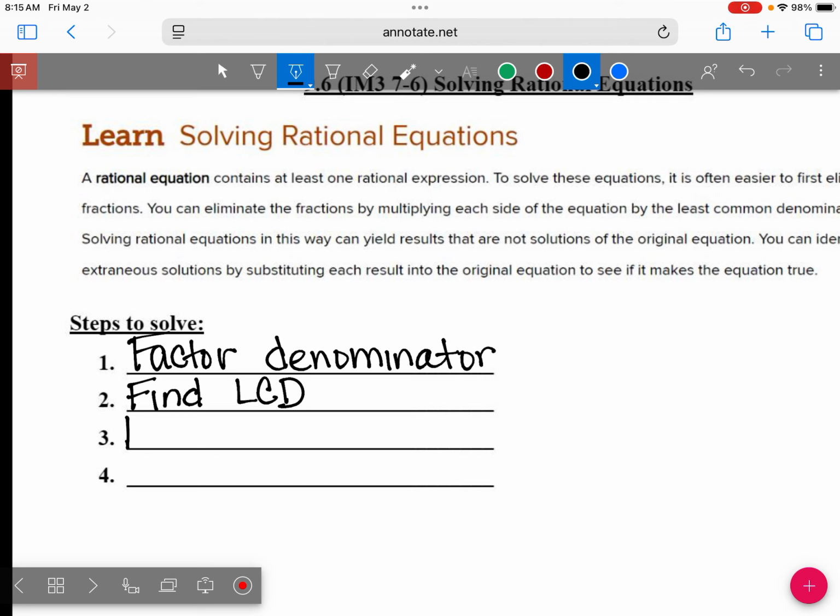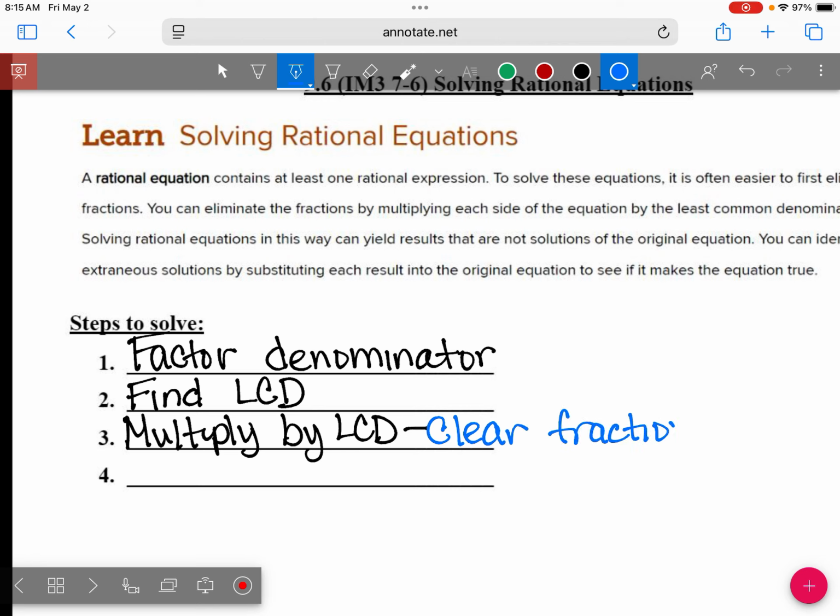And then we're going to multiply every fraction by the LCD. And what that's going to do is clear your fraction. And then our last step would just be to solve and simplify.